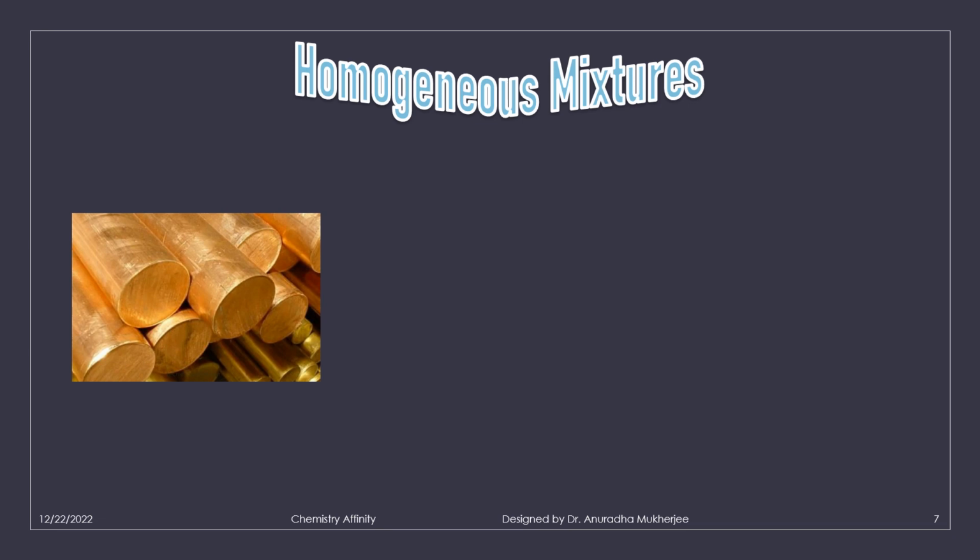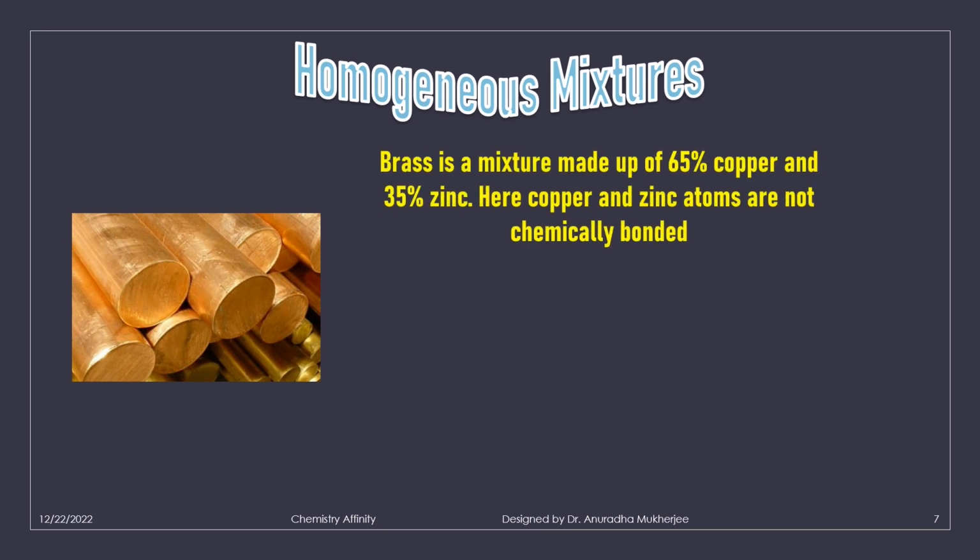Now homogeneous mixture can be of different types. Brass is one example of homogeneous mixture which contains two different types of solids. Brass is a mixture of 65% copper and 35% zinc. Here copper and zinc atoms are not chemically bonded.